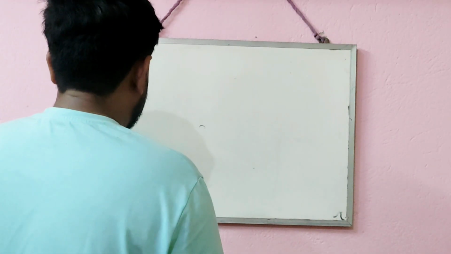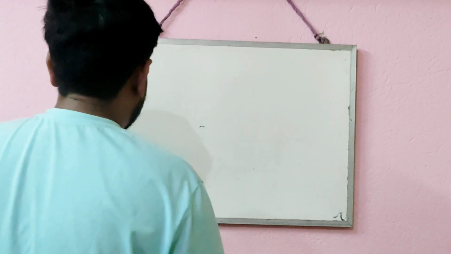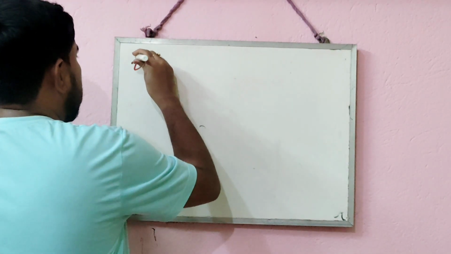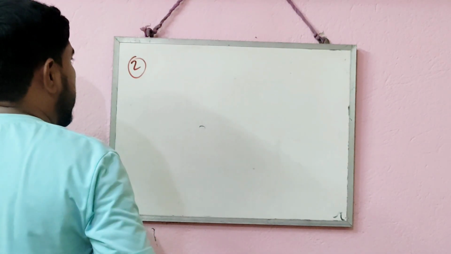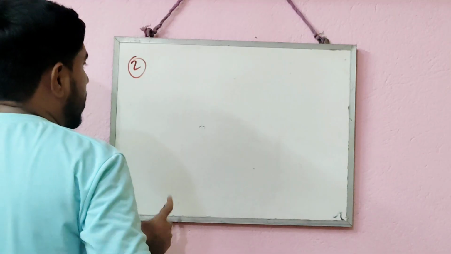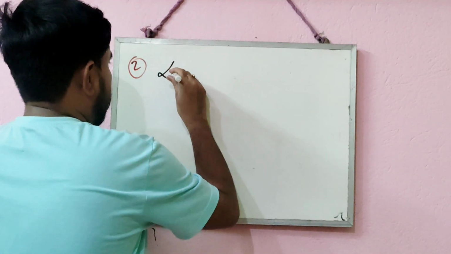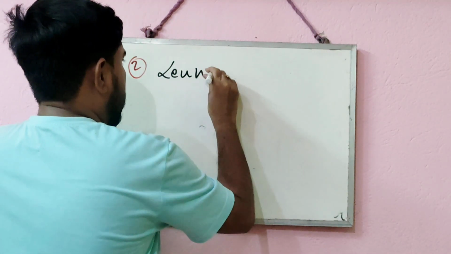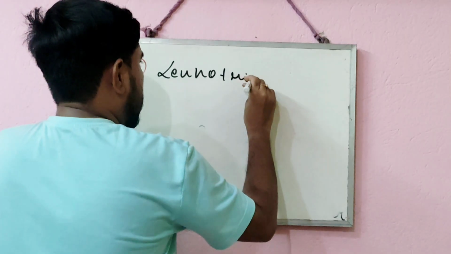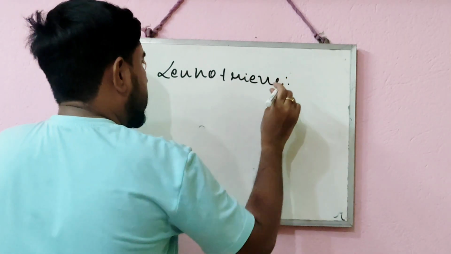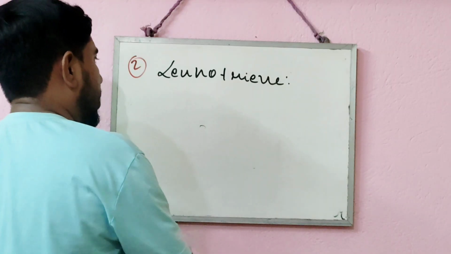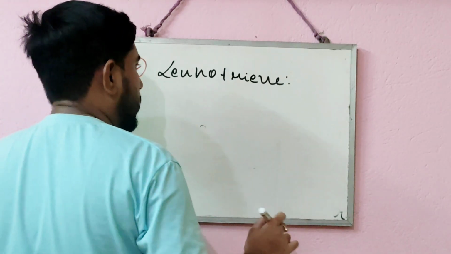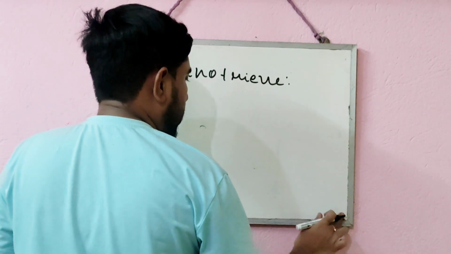First I am going to explain the second classification or second type of anti-asthmatic drug, that is leukotriene inhibitors. One line about that classification I discussed in the previous video, so go and check the last video.